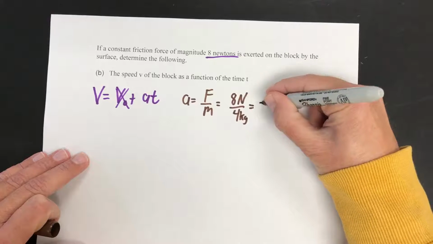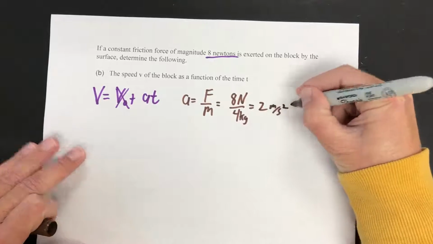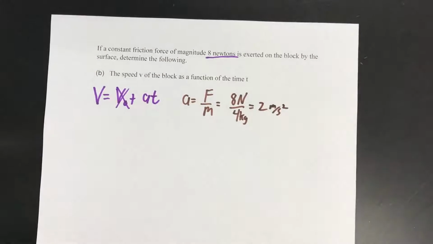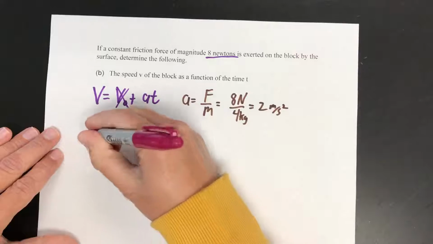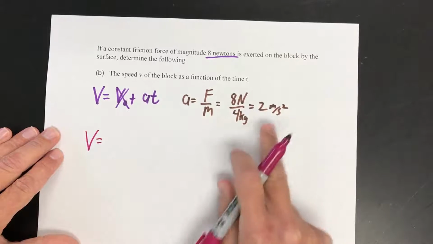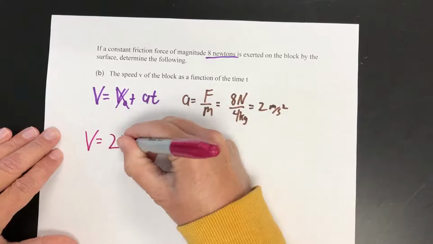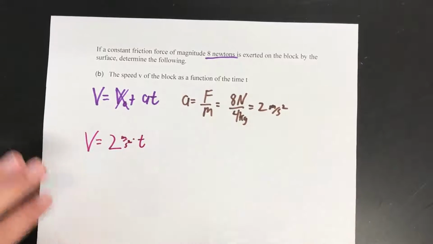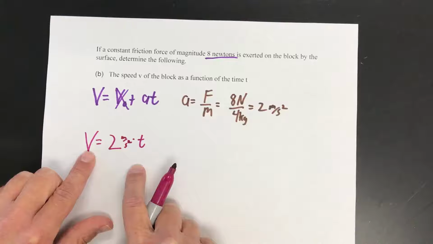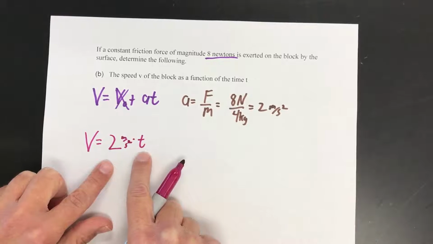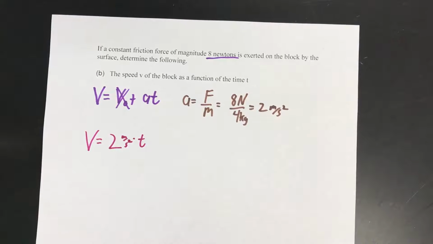So our acceleration there is going to be 2 meters per second squared. So now let's fix this one right here then. Our velocity will be equal to an acceleration of 2 meters per second squared times t. So we can figure out the velocity at any given time now by simply taking that time multiplied by 2 there.